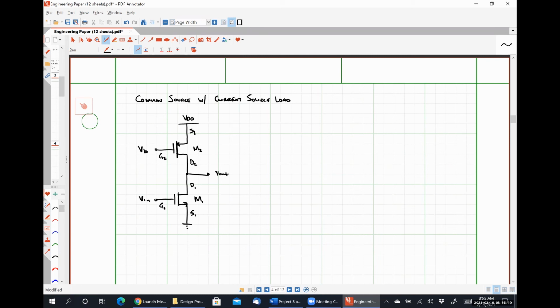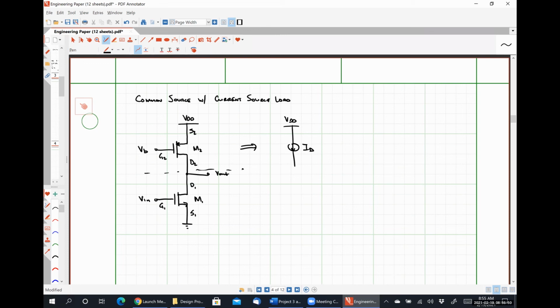Okay. So everything above the dashed line is effectively a current source applying some fixed amount of current, IB, based on that source-gate voltage, VSG, for our PMOS transistor.